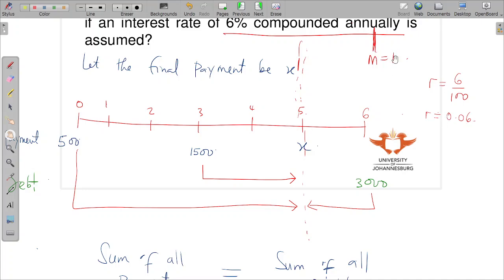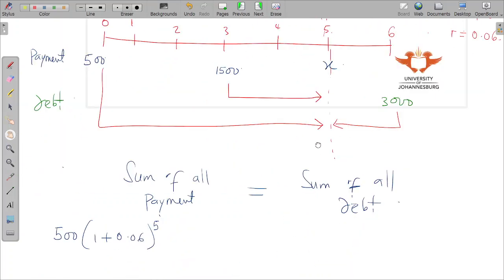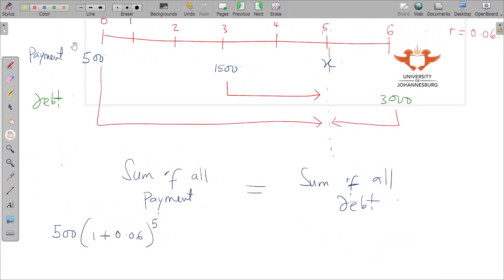We are not dividing it by m because m is 1. Plus another one: this one to x is 1, 2, so 1,500 times 1 plus 0.06 raised to power 2, also positive because it's going to the right.